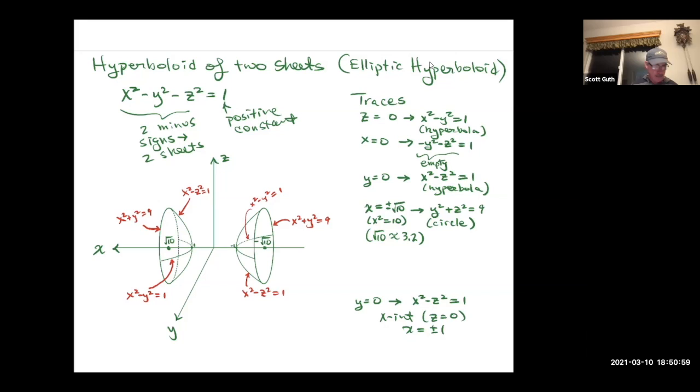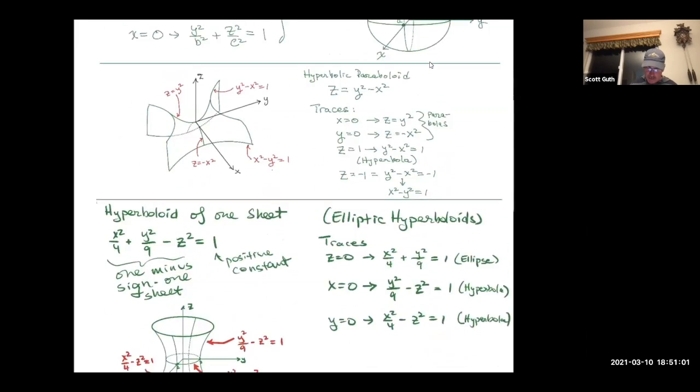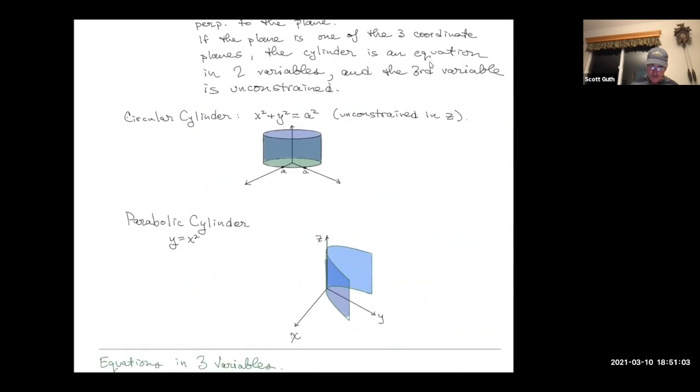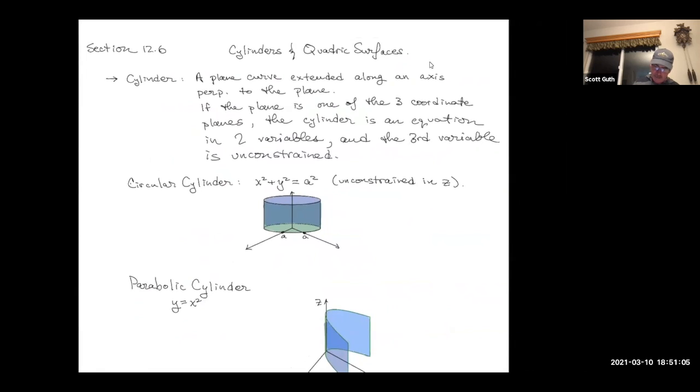You can see these graphs are difficult. Let's scan through them one more time. Basically, cylinders: these are good test questions, so you should be able to do any type of cylinder.